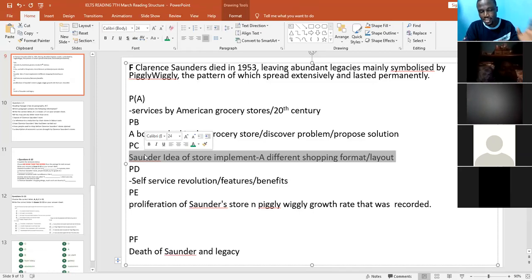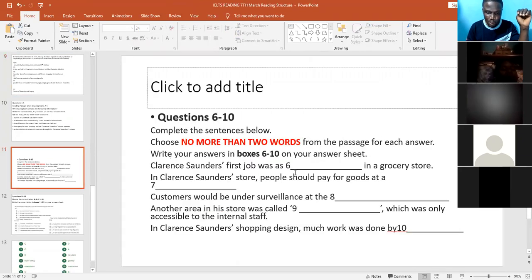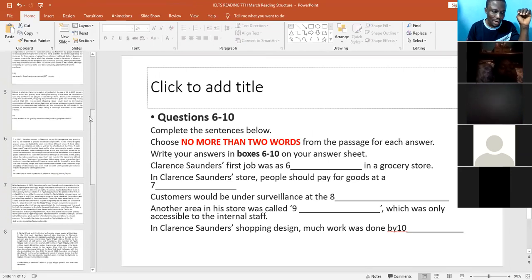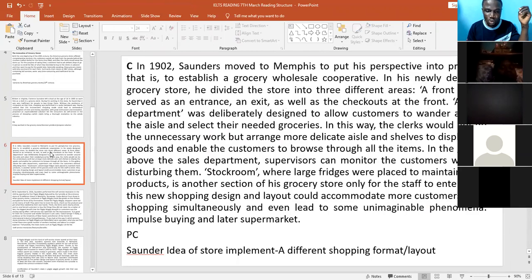So you will see that if you adequately capture the main idea, you don't need to memorize, you just need to go to paragraph C. What's the question? People pay for goods. Where do they pay for the goods? In his store. So we are going to paragraph C.